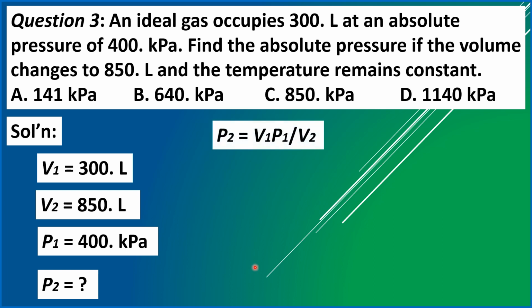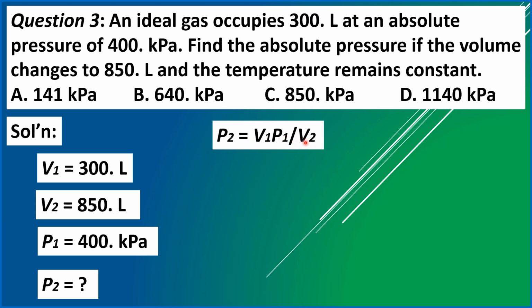The formula that we're going to use in determining the final absolute pressure is given here, right? P2 is equal to the product of V1 multiplied by P1 divided by V2. All right? So you should recognize that this is the formula for Boyle's law.